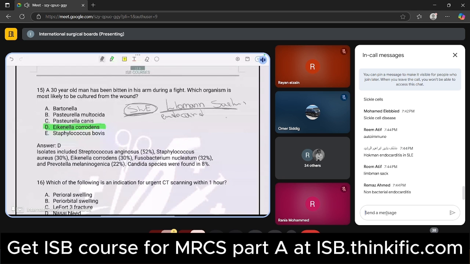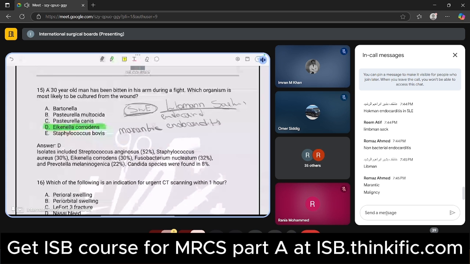Okay. Any other situation besides SLE? Have you heard about marantic endocarditis? Marantic endocarditis is associated with hypercoagulable conditions, especially malignancy.